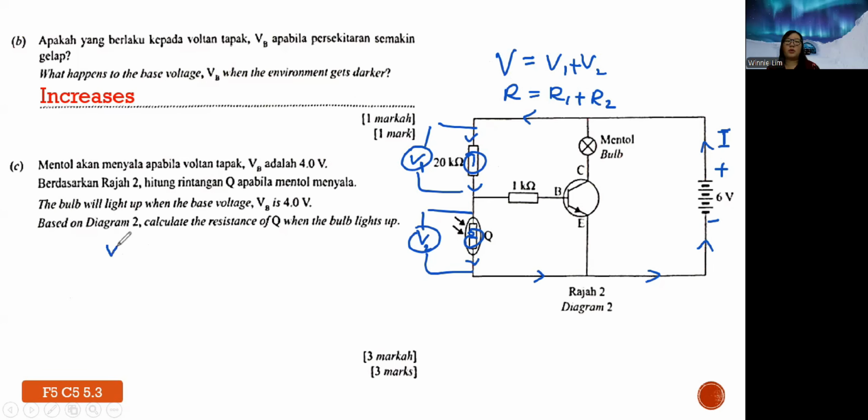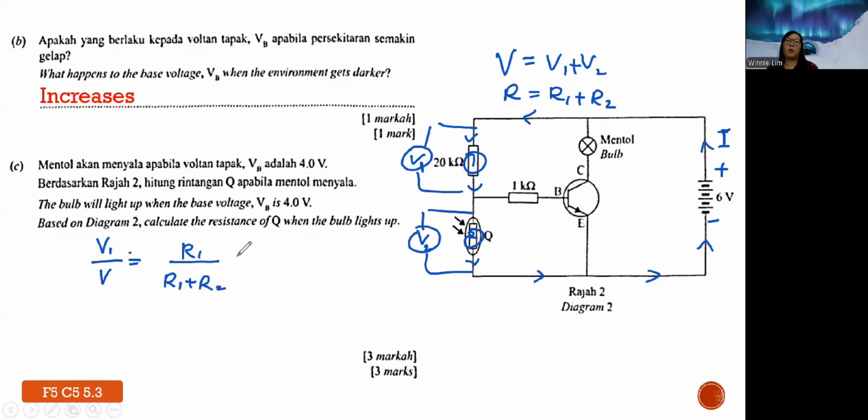I always tell students to use partly over total. V1 over R1 is generally... they always use the R on top. R1 over V1 equals to... my bad. Again, we use the idea of partly over total. So V1 over total V equals R1 over total R, which is R1 plus R2.